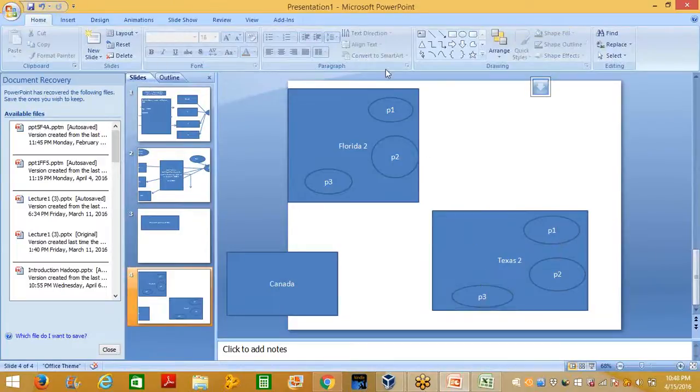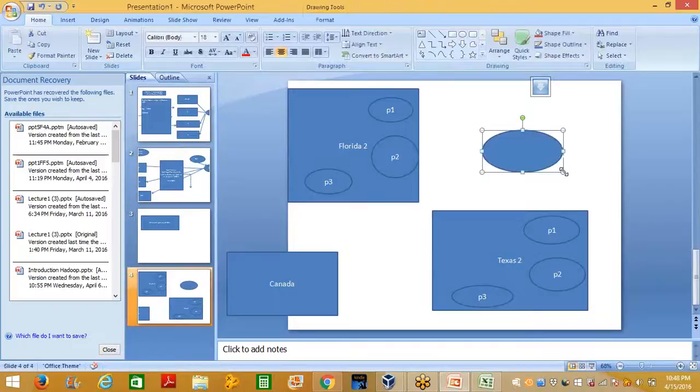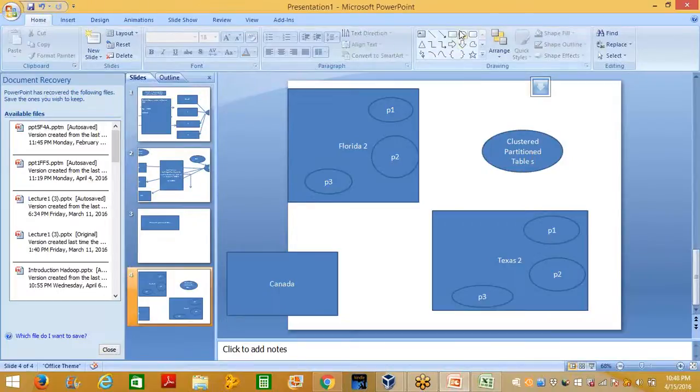So such a type of thing, what you're having here, we call this one clustered partition tables like this.